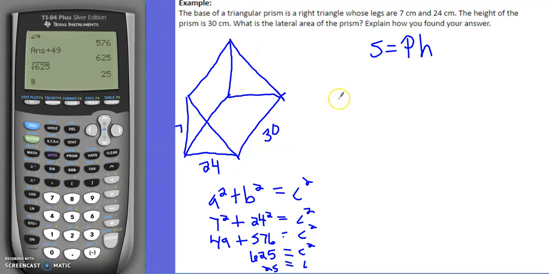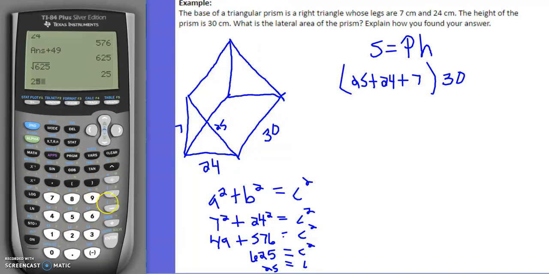Okay, so the perimeter is going to be 25 plus 24 plus 7 times the height of the prism, which is 30. So we're going to add it up. 25 plus 24 plus 7 times 30.